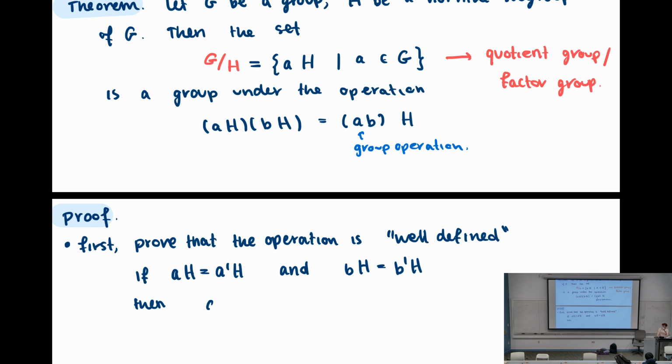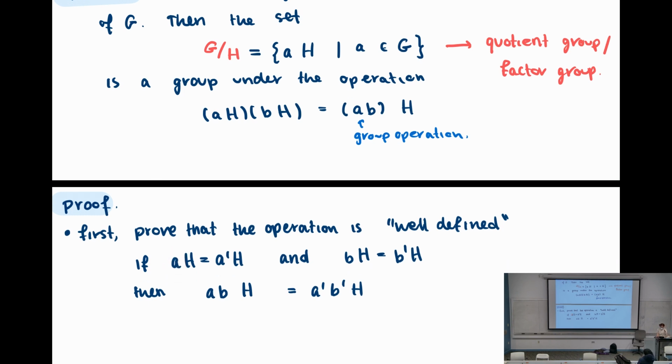So I need that abH is equal to a prime b prime H. Right, because in my definition I chose to say what it meant to multiply these two elements in terms of a and b, but somehow that shouldn't depend on the particular choice of coset representative that I picked. So this is what I need to show.